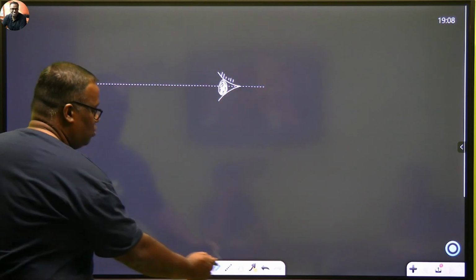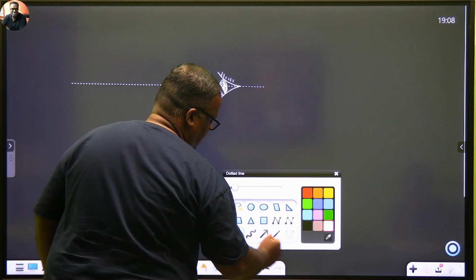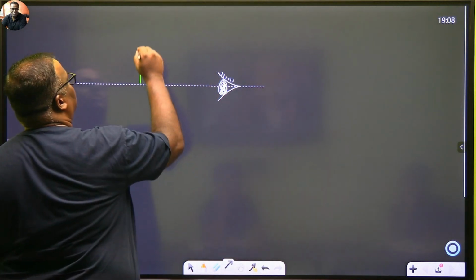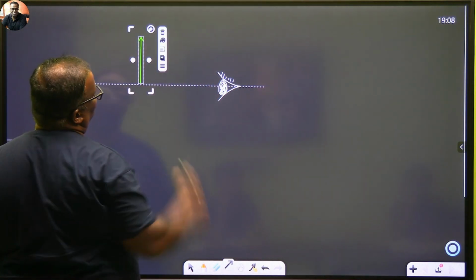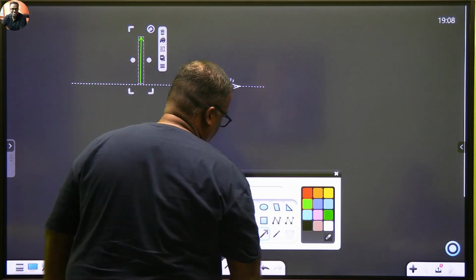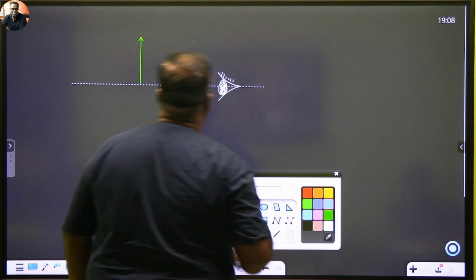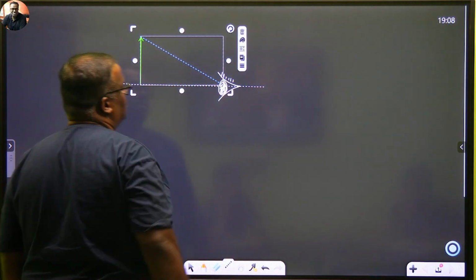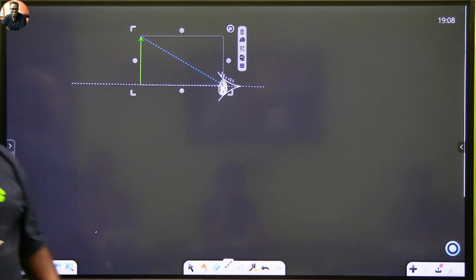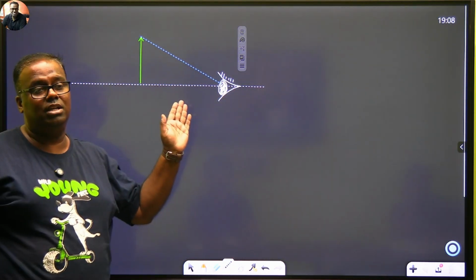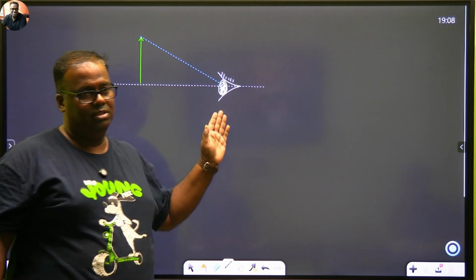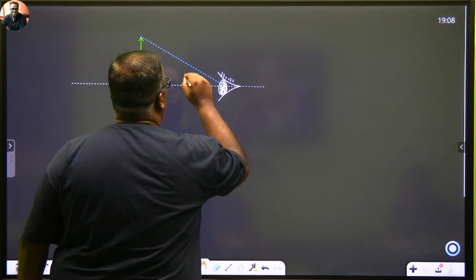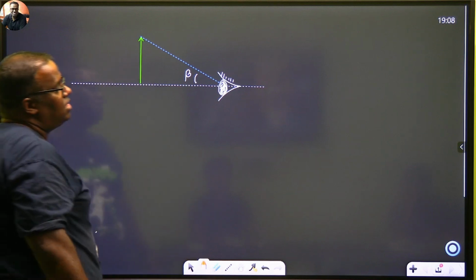So let's have a close by object. This is my close by object, and I'm seeing it quite big. So if I try to trace the angle that it makes at my eye, I will find that this angle is substantially big. This angle, in your book, is written as beta. Beta as an angle is big.